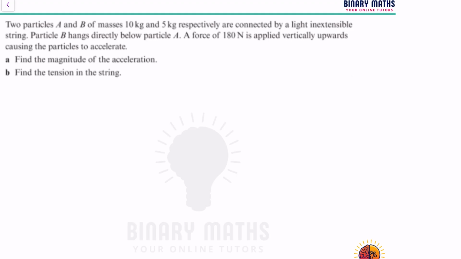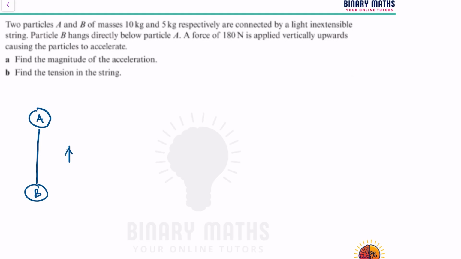Two particles A and B of masses 10 kg and 5 kg respectively are connected by a light inextensible string. Particle B hangs directly below particle A. A force of 180 newtons is applied vertically upwards, causing the particles to accelerate.